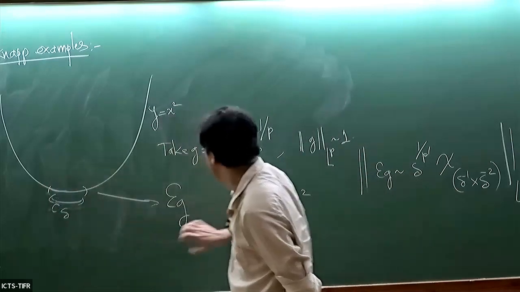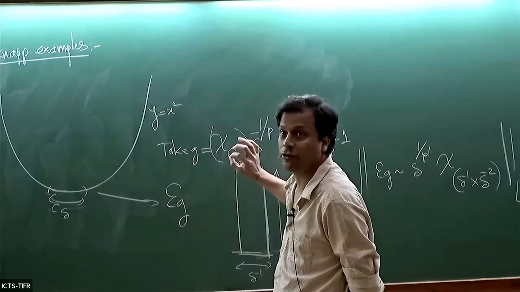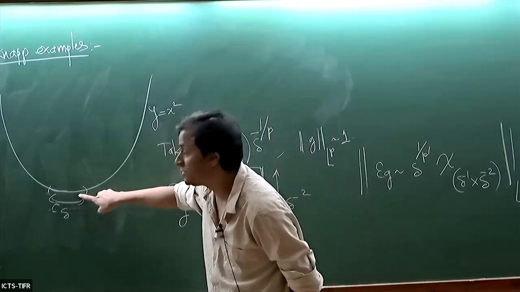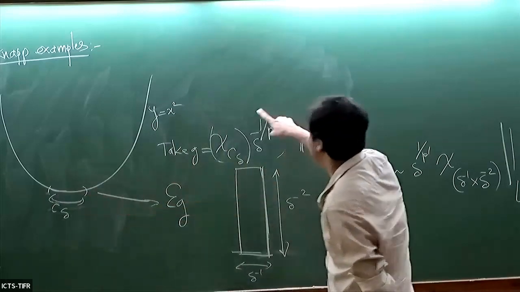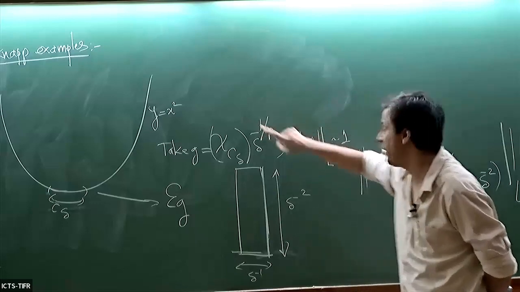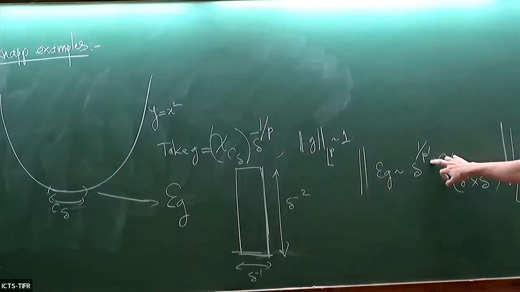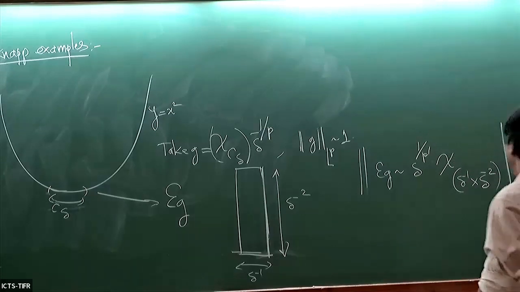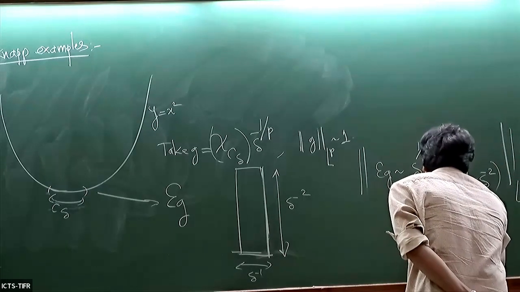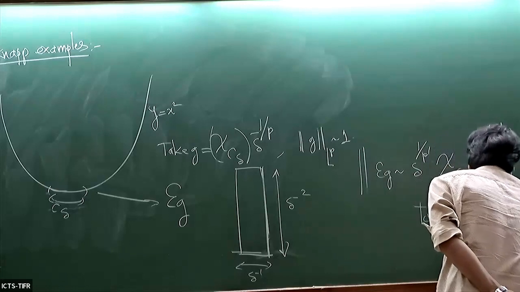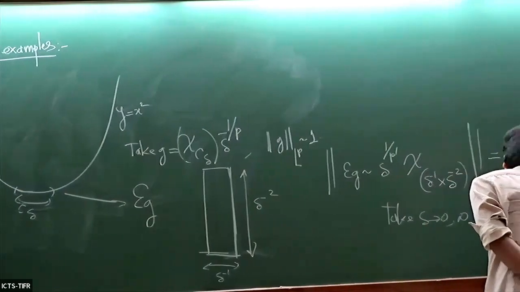It's constant on this part. What should that constant be? The constant is the volume of this set, which is delta, times the weight, which is delta to the power minus 1 over P, which gives us delta to the power 1 over P prime. Does that make sense? Okay, so now take delta to 0 and infinity, which gives us the relation between Q and P prime.